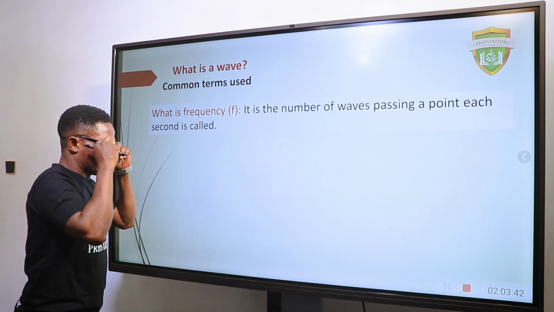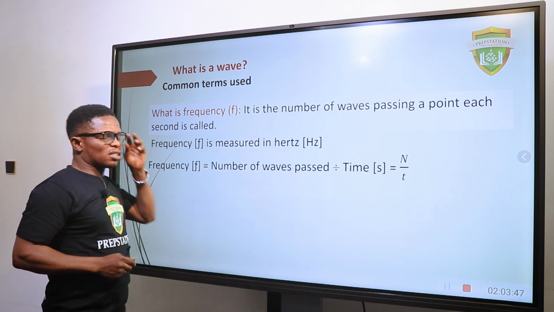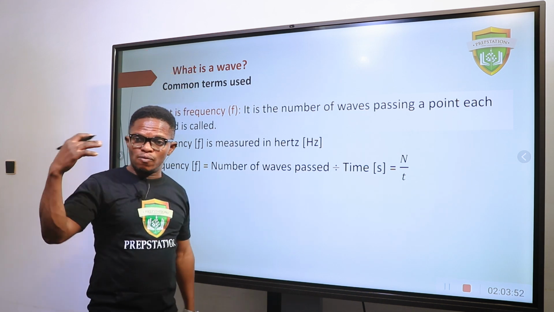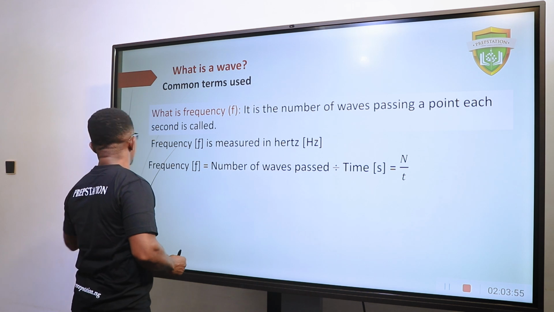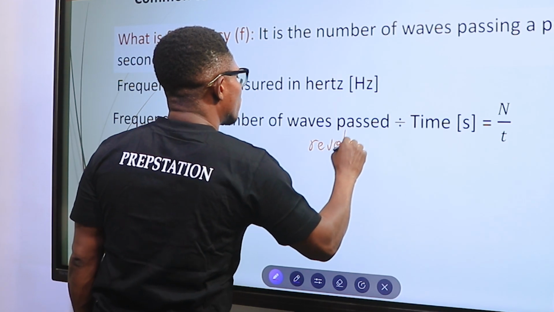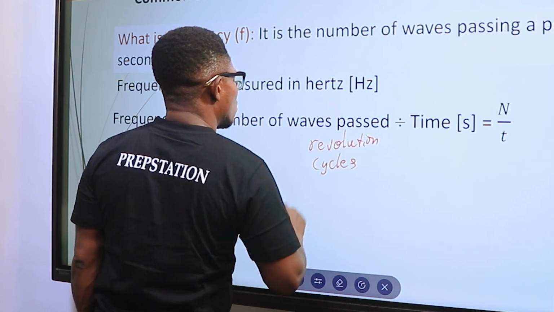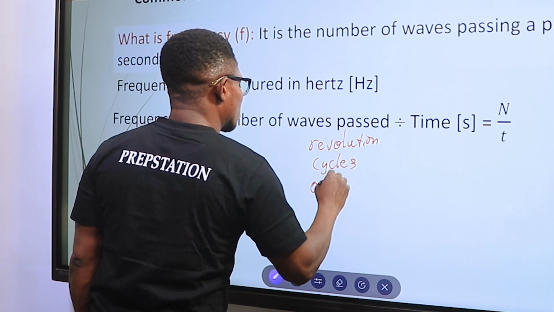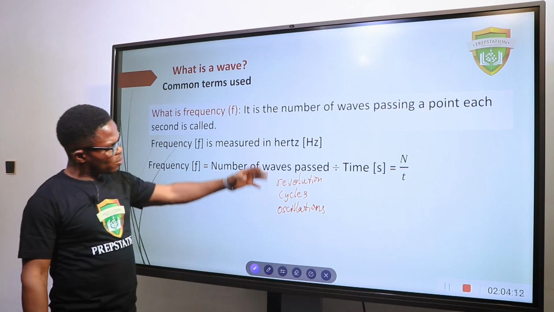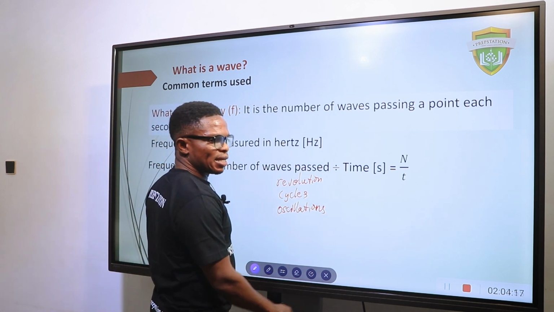So let's move forward. Common terms used. What is frequency? Frequency is the number of waves passing a point each second. You can also say it is the number of revolutions. We use these terms interchangeably: you can say revolutions, cycles, or oscillations. So frequency is the number of revolutions, cycles, or oscillations made in how many seconds?